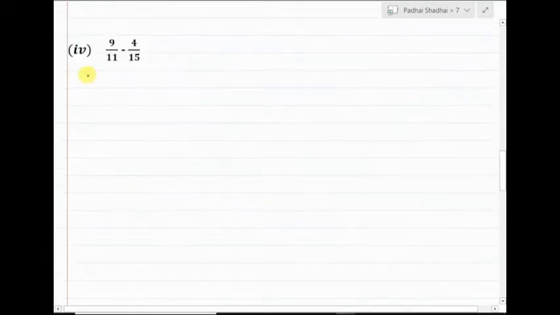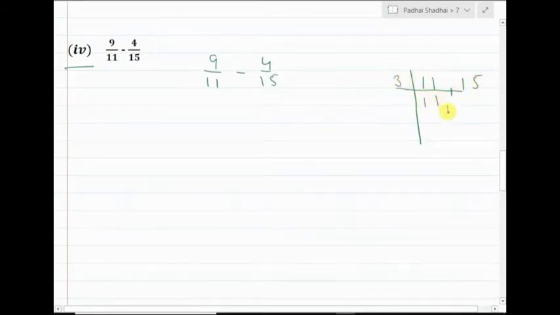Question next. 4. 9 by 11 minus 4 by 15. Taking the LCM of 11 and 15. Okay. As 15 is divisible by 3, we have to divide it by 3 first. 11 as it is, 3 5s are 15, 5, again 5. 11 as it is, 5 1s are 5.